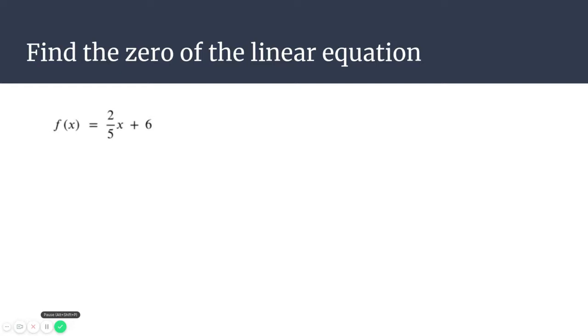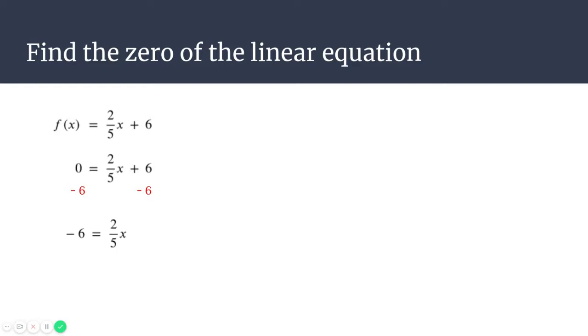So if we go through our steps for finding the zero, step 1 said to replace the f of x or the y with a 0. Here I've got an f of x, so I have 0 now equals 2/5 x plus 6. Step 2 says solve for x. So I will subtract 6 from both sides. Now we have an equation that says negative 6 equals 2/5 x.